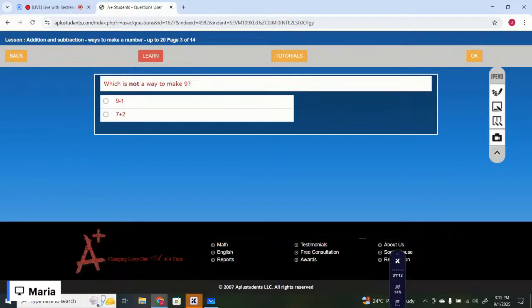Which is not a way to make 9? That is 9 take away 1. Option number 1 is the correct option.